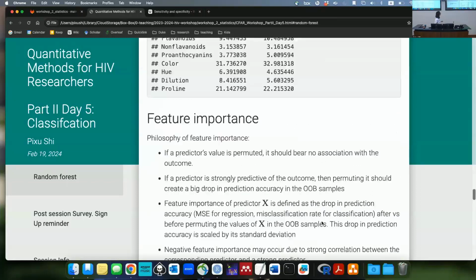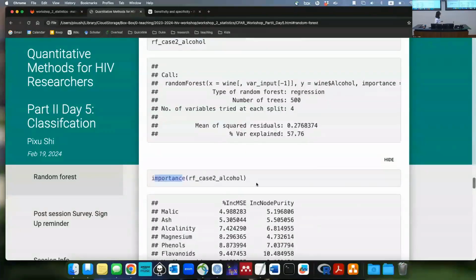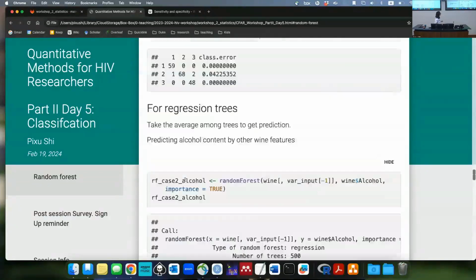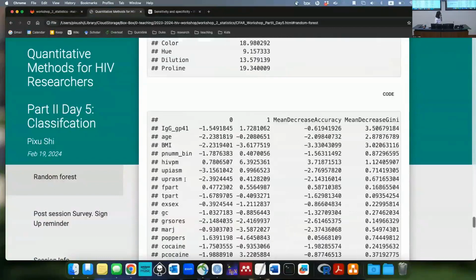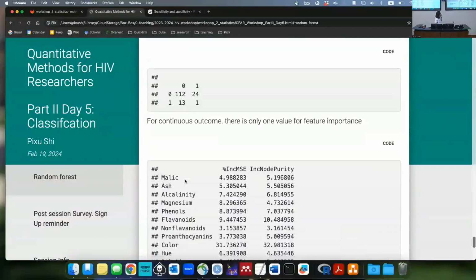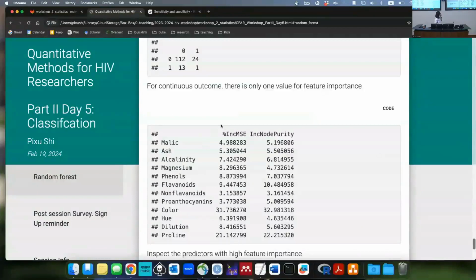So the feature importance can be obtained using this importance function. If you have a continuous outcome, it will just have one column.